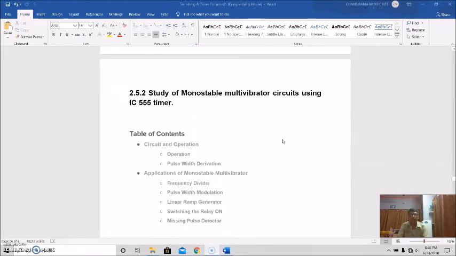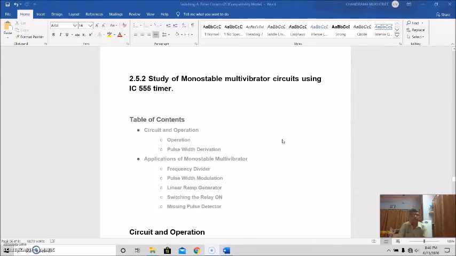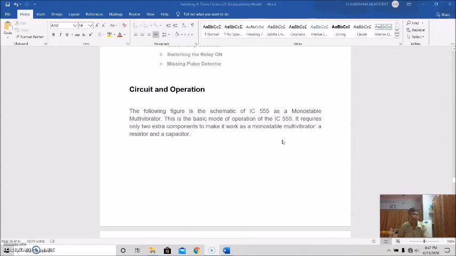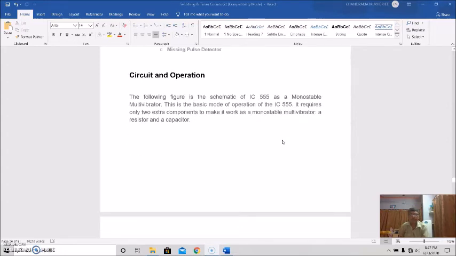During this discussion, we'll discuss the circuit and operation, its pulse width derivation, and then applications: application as frequency divider, pulse width modulation, linear ramp generator, switching the relay on, missing pulse detector, etc. So let's start with the circuit and the operation.